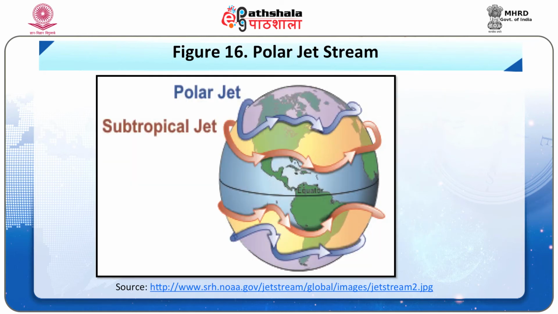Second is the subtropical jet stream. It is also known as the subtropical westerly jet stream. It occupies a position at the tropopause between the Hadley cell and the Ferrel cell at the altitudinal range of 9 to 13 km, as can be seen in figure number 15 and 16.